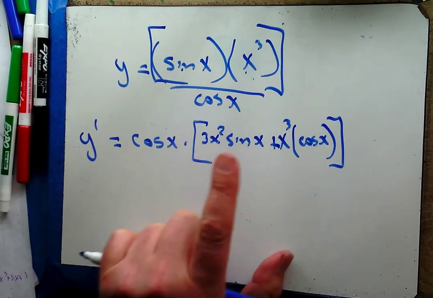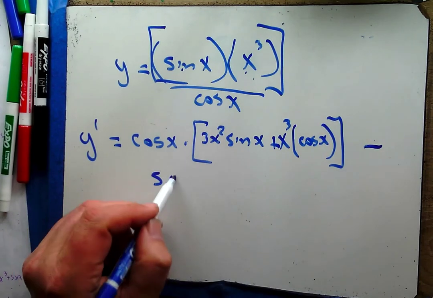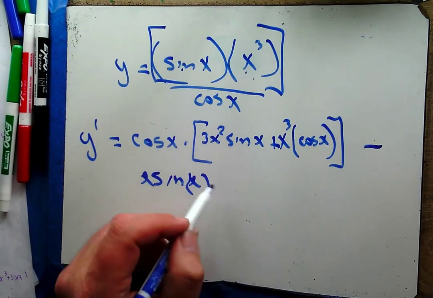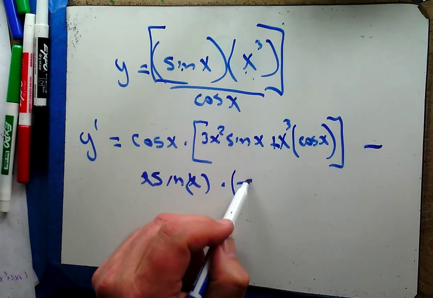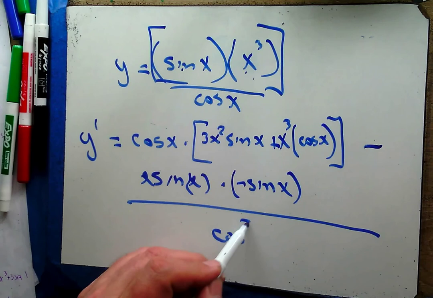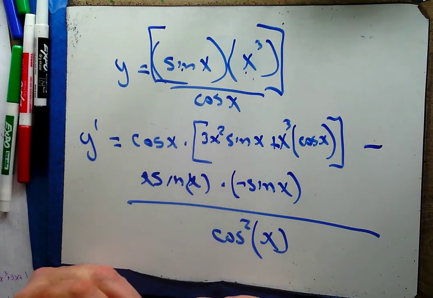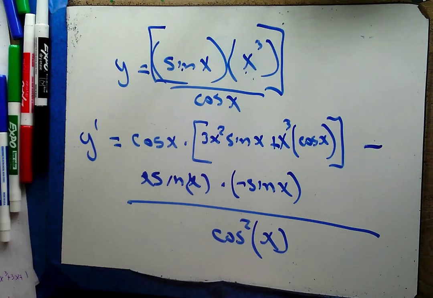We did low d high minus high d low. The derivative of cosine is negative sine, all over low squared. Okay. Yes, you are expected to know how to do that.